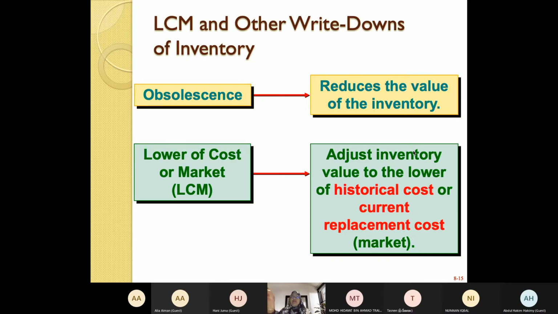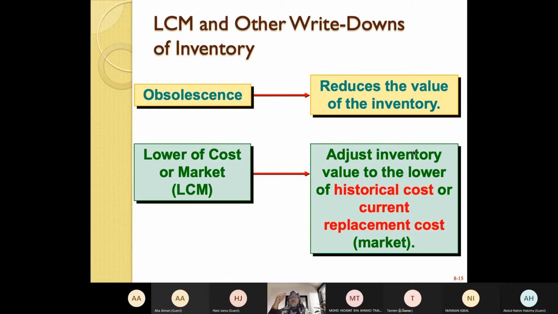So let's say, for example, your inventory, when you first purchase, the cost is 1,000, right? By the middle of the year, after 6 months, the market value of your inventory now becomes 600. So when you want to report your financial statement, you must record the lower between the cost and the market value.